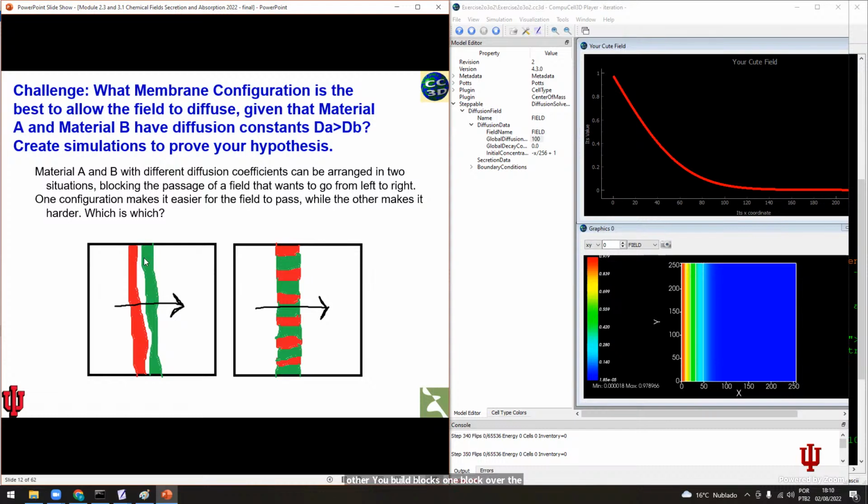And basically the question is, given that the diffusion constants are different for those two types of materials, which configuration blocks the passage of the field more, and which one allows more passage of the field, okay? And then build a simulation to prove your hypothesis, okay?